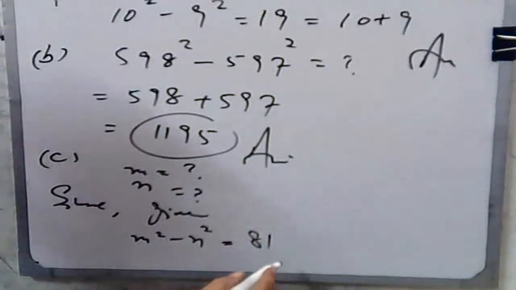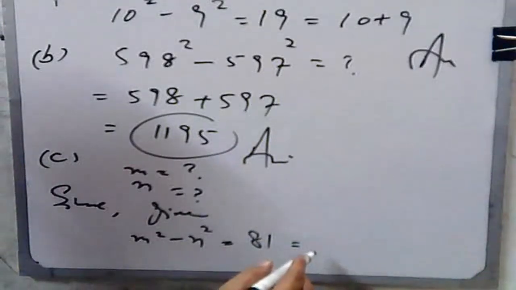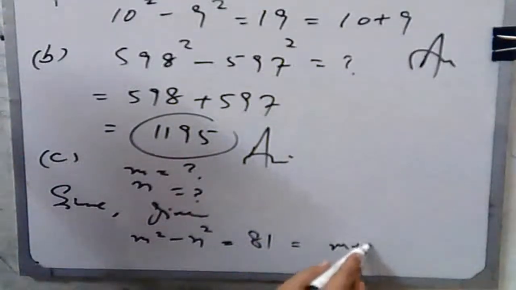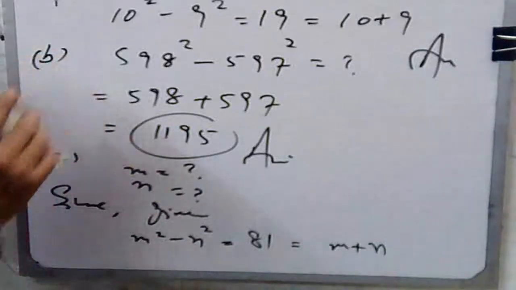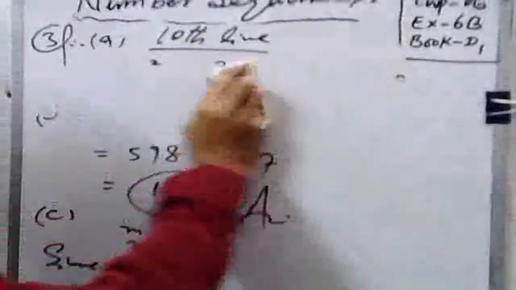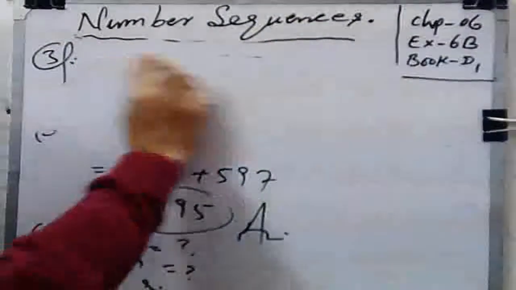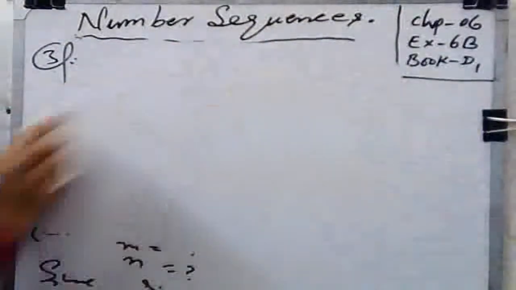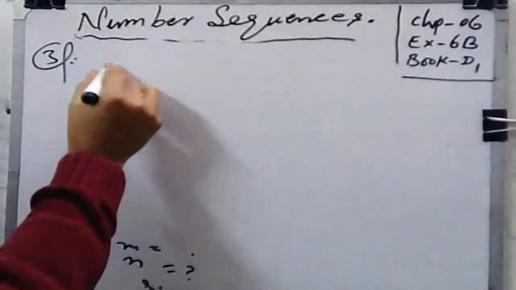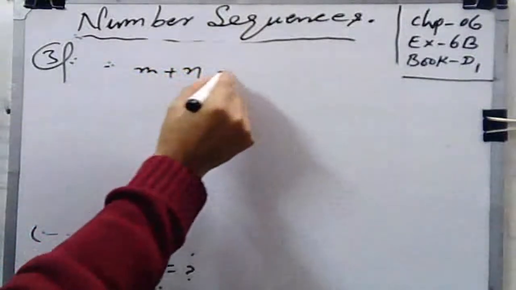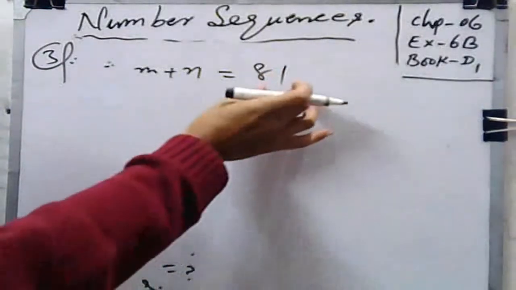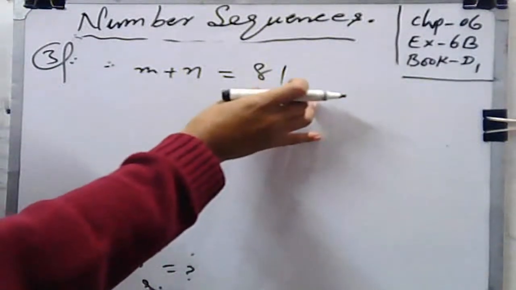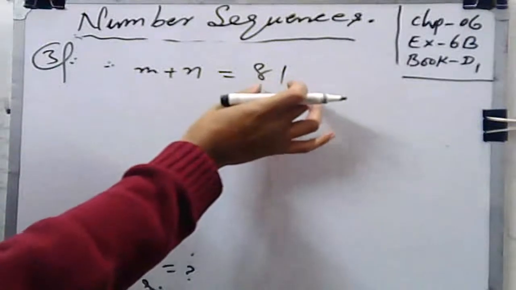So that is equal to M plus N. If I compare this, you can see here, we can write therefore M plus N is equal to 81. I have already told you that it is the sum of two consecutive whole numbers.